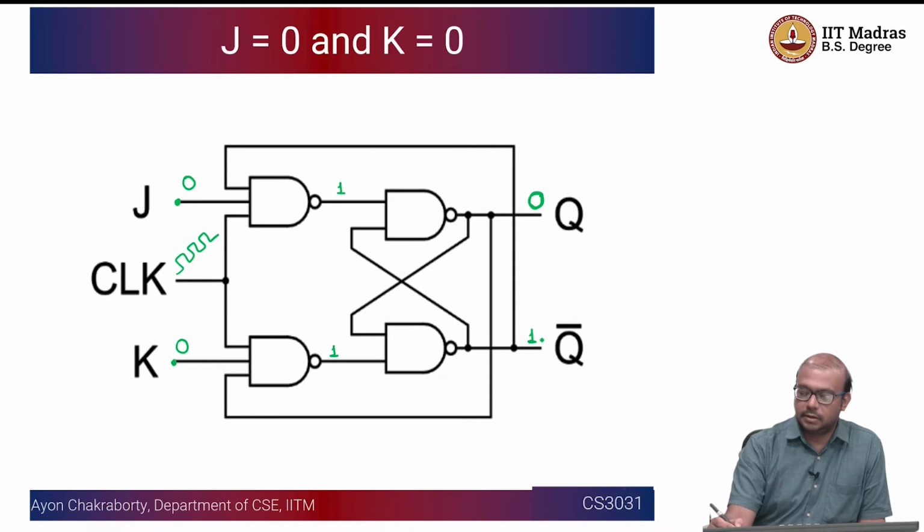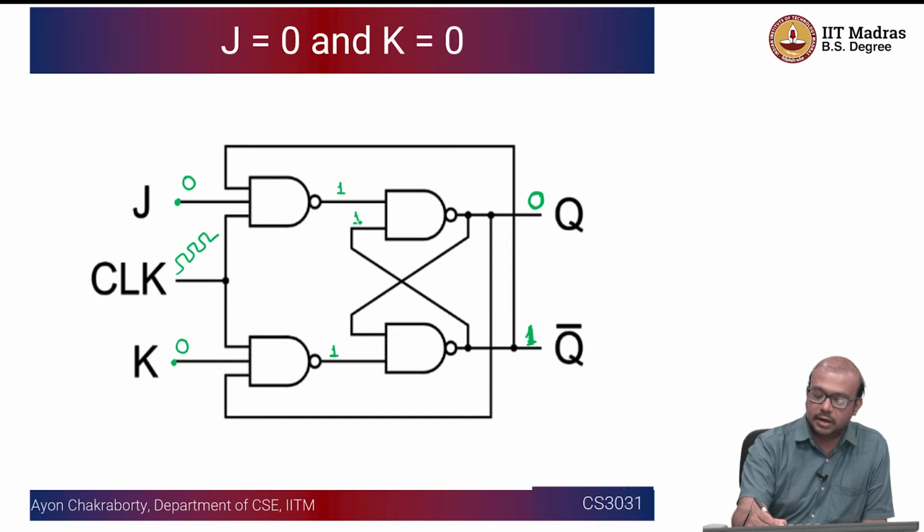So as you can see from this feedback connection, this is 1. So this 1 is going to be coming here. This is also going to be 1. 1 and 1 is going to be 1, and the NAND output is going to be 0.